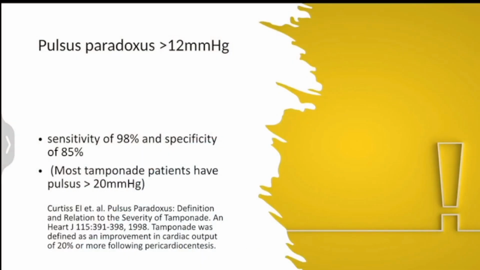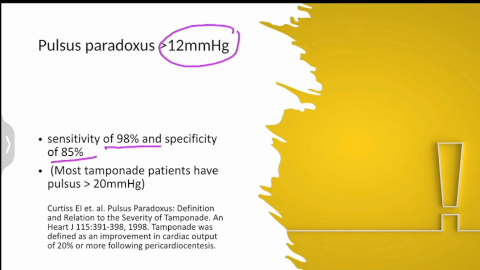So now we have understood how we will determine the Pulsus Paradoxus. What is the significance of this? Pulsus Paradoxus has a sensitivity of 98% and specificity of 85%. So if you take 12 millimeters as the Pulsus Paradoxus, this is the sensitivity and specificity.